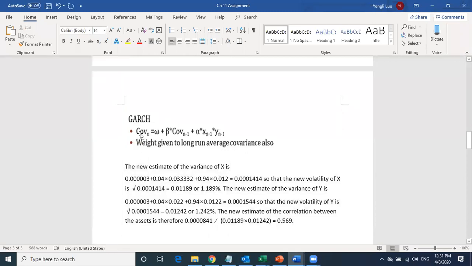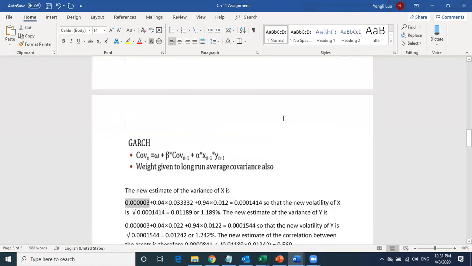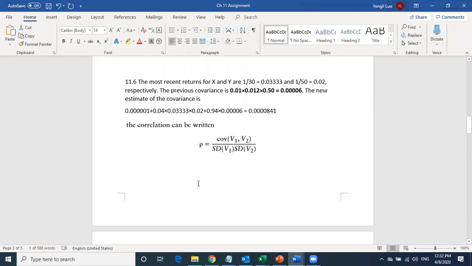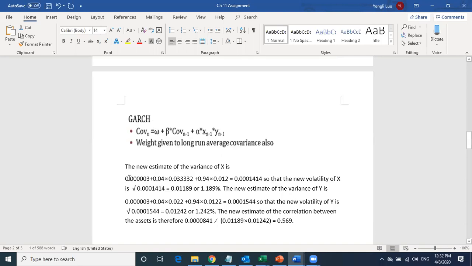It's going to be omega. Remember, for the volatility, you use an omega of 0.003.